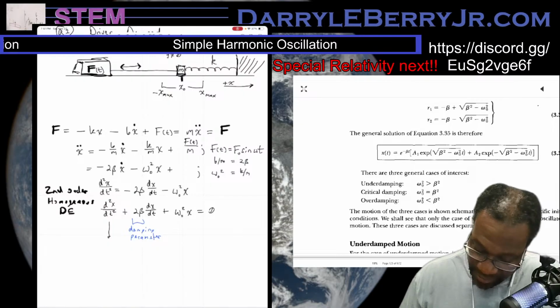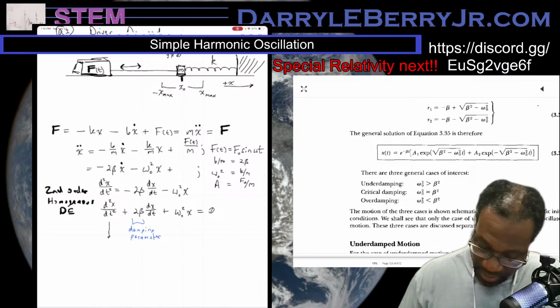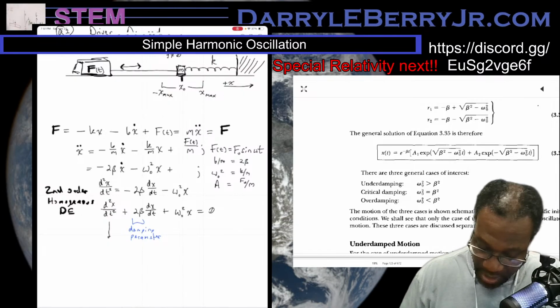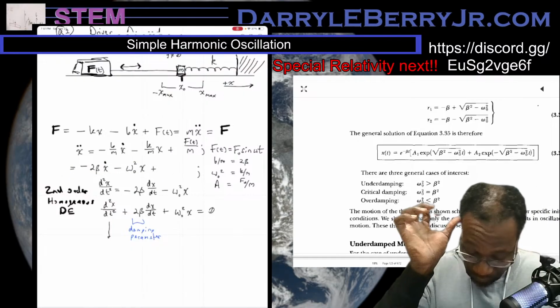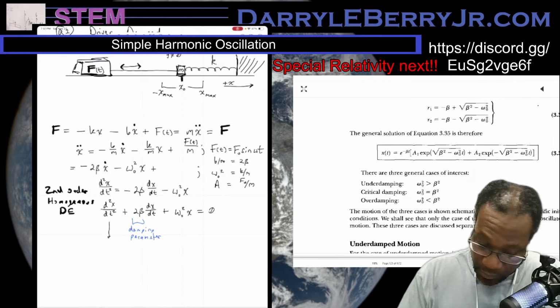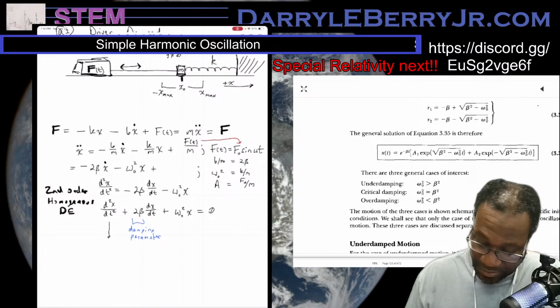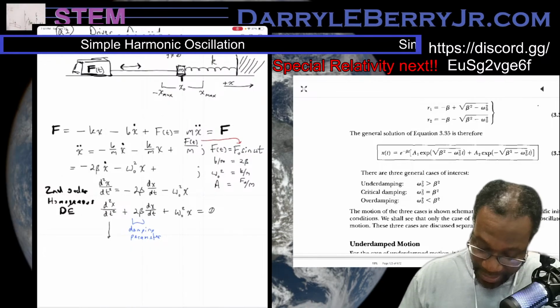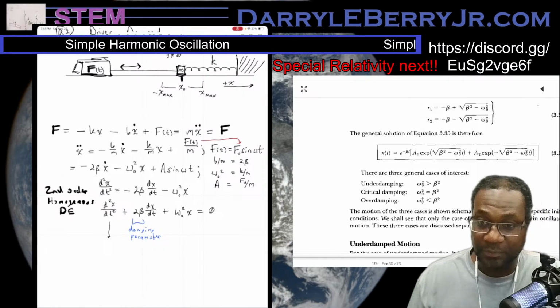So then we can say that A equals F naught over M. So then I'm going to move this entire thing there. We're going to have this F(t) divided by M is actually F naught sine omega t divided by M. So now we have A sine omega t right there.